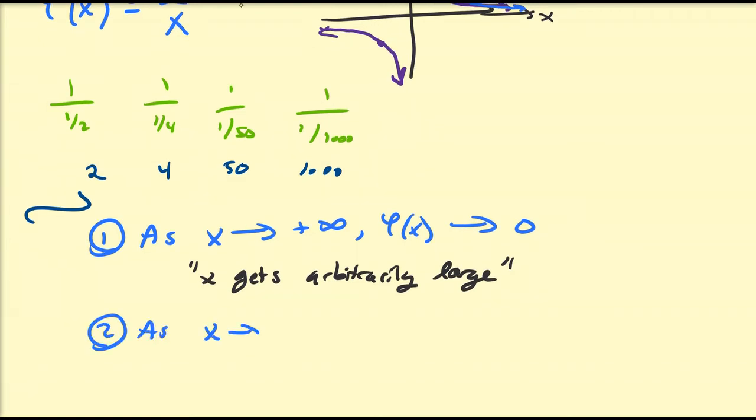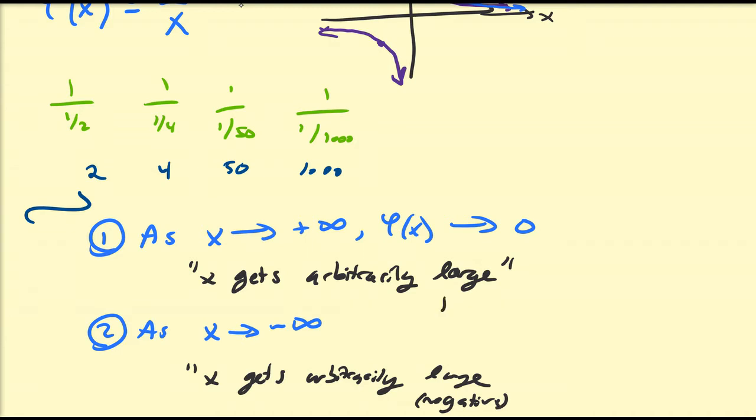So that's the first observation. Also, as x gets close to negative infinity, and again, what does this mean? This is equivalent to saying as x gets arbitrarily large in the negative direction. As we move closer and closer to the left side of this graph, the value of y starts off as a really negative number, then it gets close to -1, then -1/2, -1/4, -1/1,000, and it gets closer to 0, but from the bottom side.